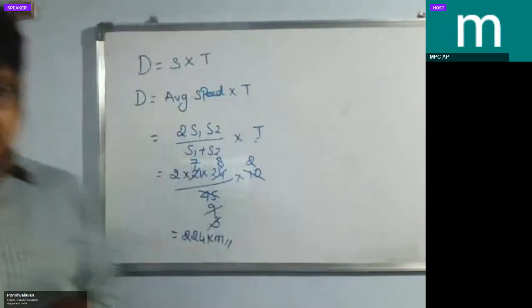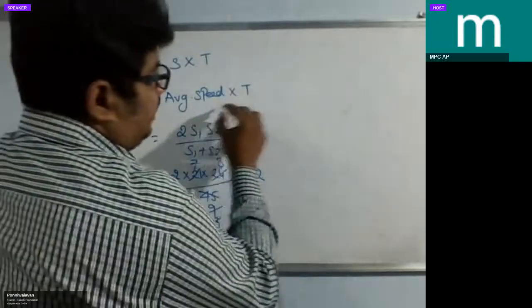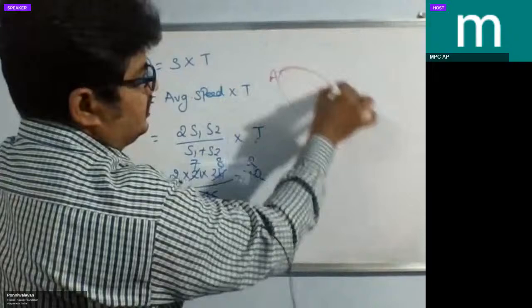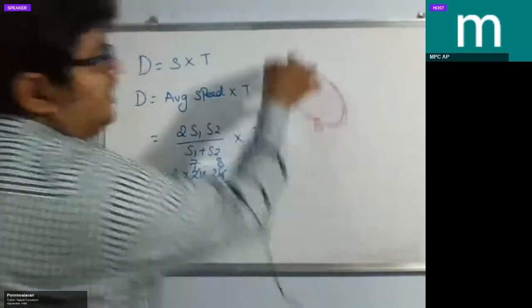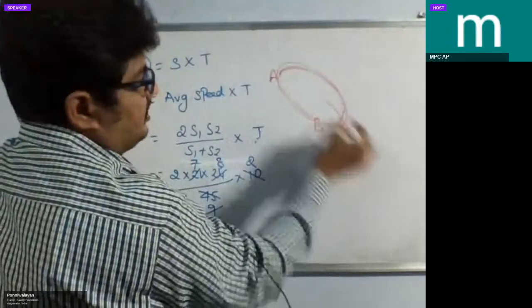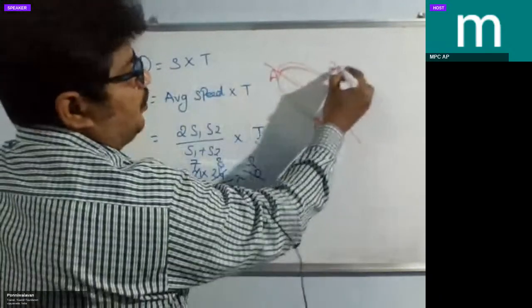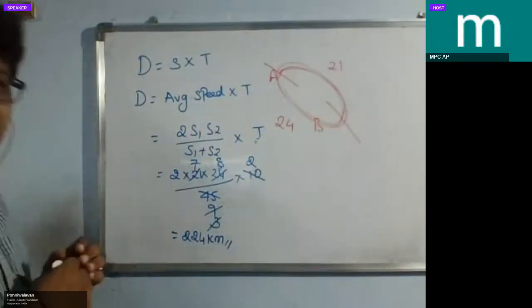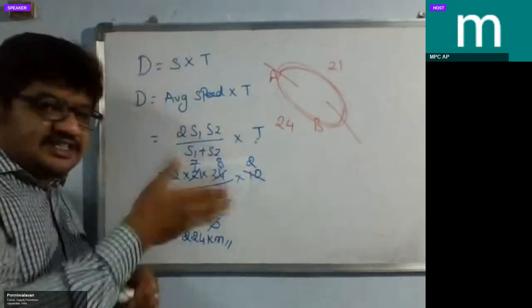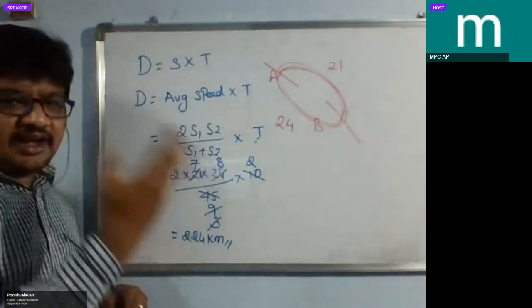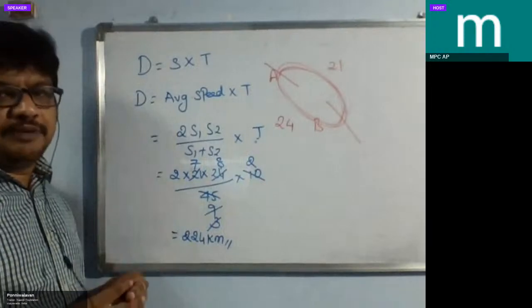For example, from A to B, this total journey you are considering in terms of distance. So in this total distance traveled, first half he traveled at 21, second half he traveled at 24. So whatever distance he traveled, the first half he traveled at 21 kilometer per hour, second half he traveled at 24 kilometer per hour.